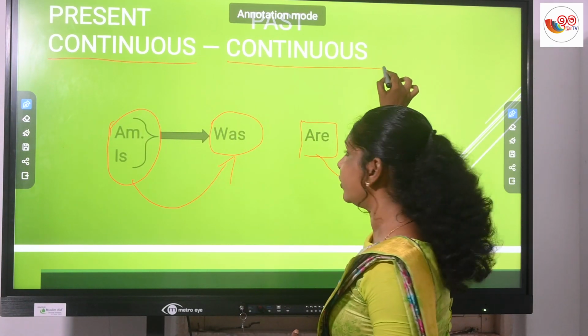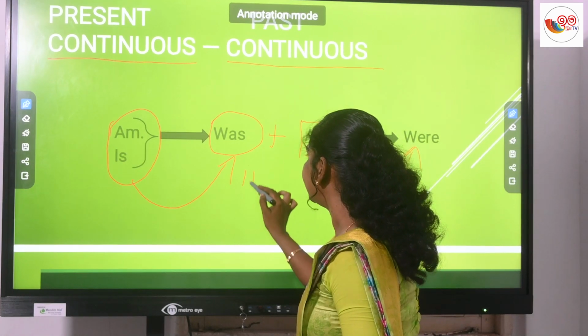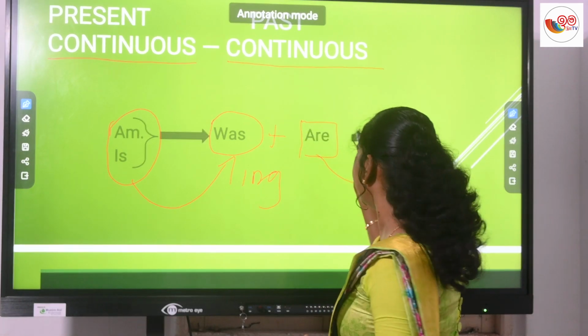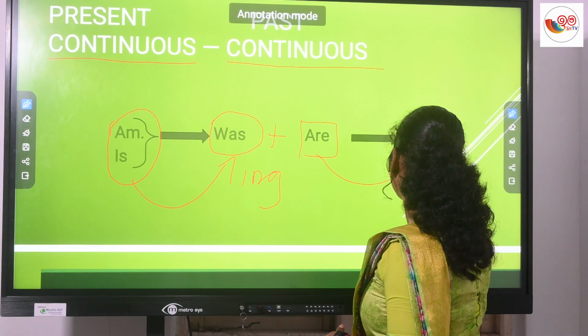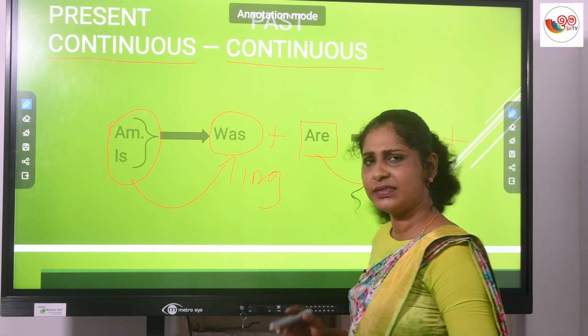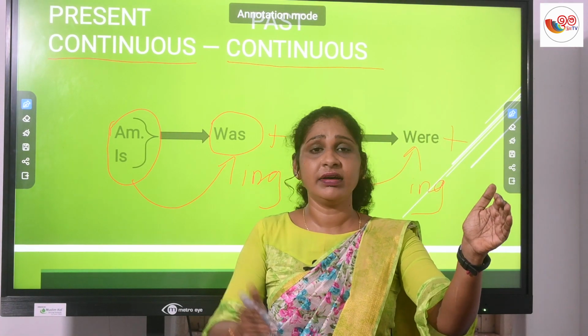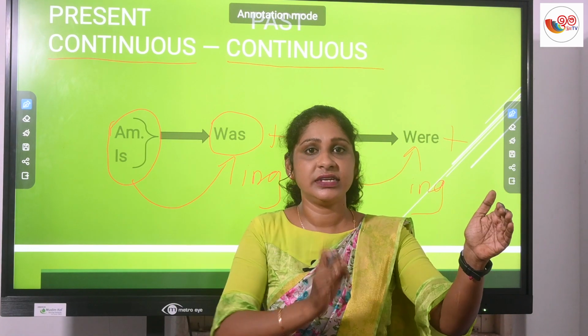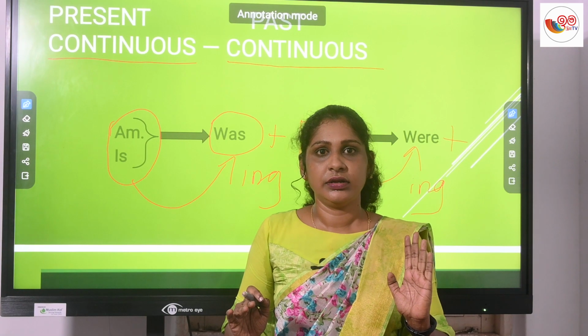Means with was you are going to write an ing form, and with were also you are going to write an ing form. The same thing. In present continuous you will have am ing, is ing, are ing. That is the structure.